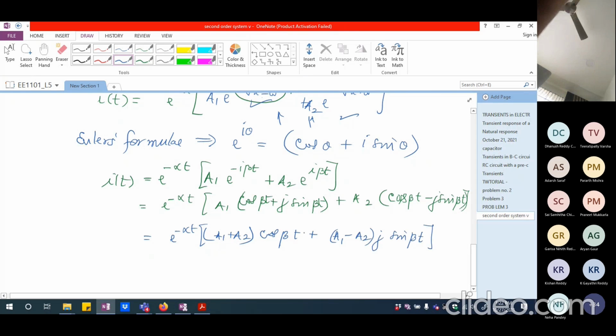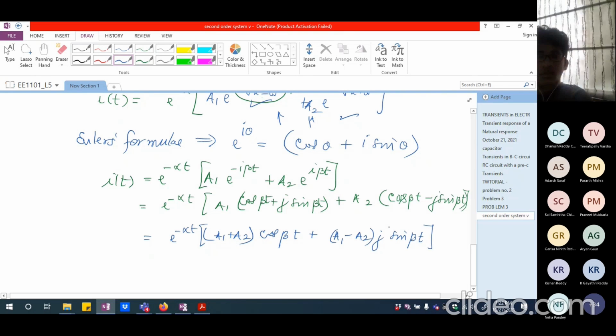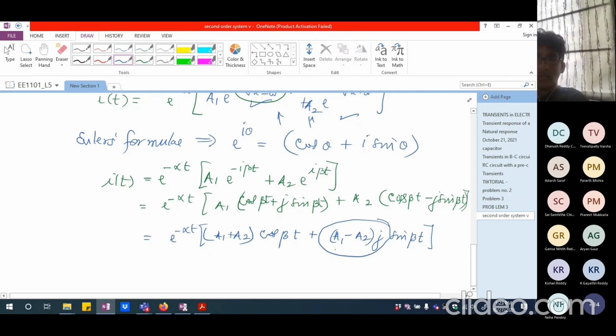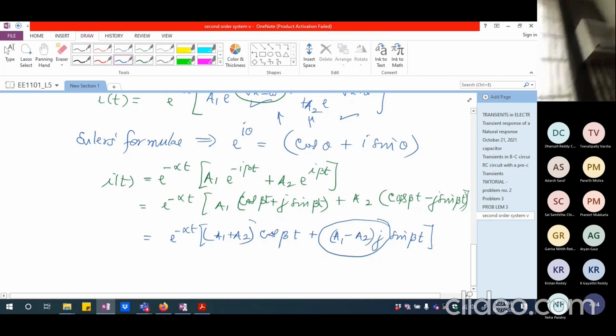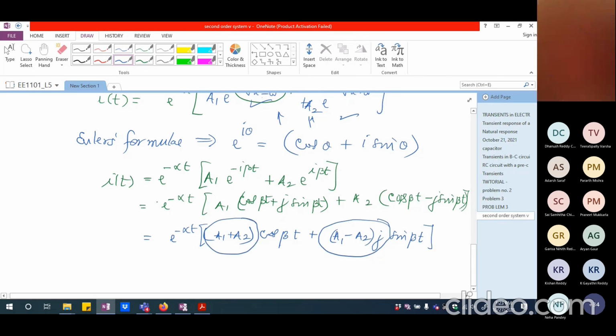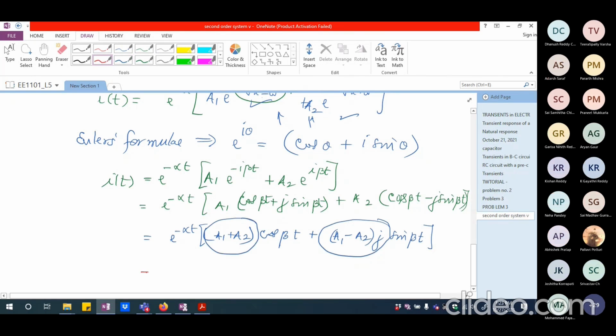But after all, what we are talking about here is a real current, the actual current flowing through the circuit. So this entire thing should come up to be a real number ultimately, and similarly this entire thing should also come up to be a real number. So I should be able to write this as e power minus alpha t multiplied by some constant c cos beta t and some constant d sine beta t.